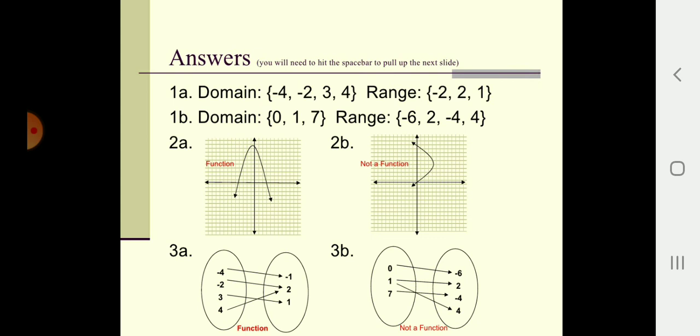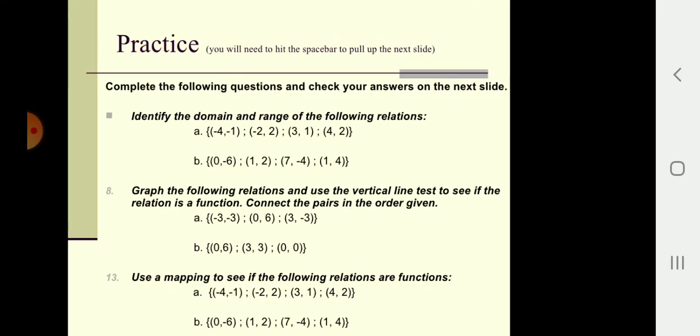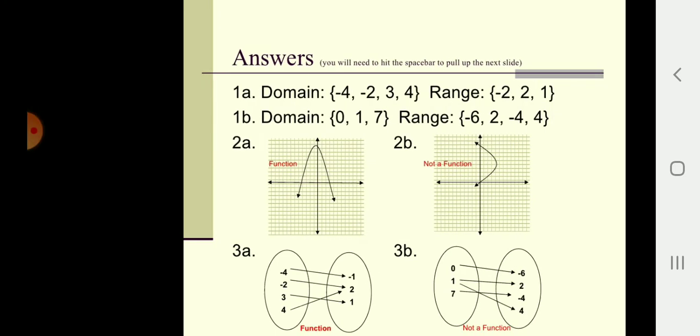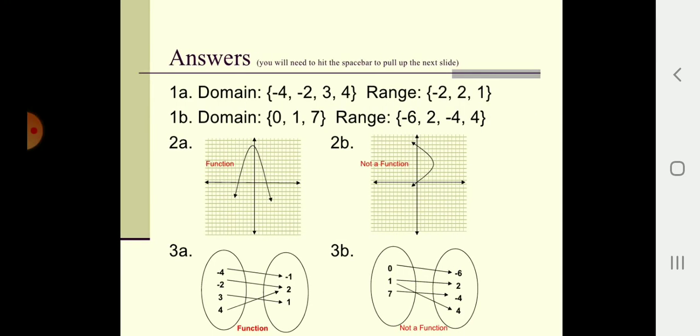Letter B: the domain is 0, 1, and 2. The range is negative 6, 2, negative 4, and 4.